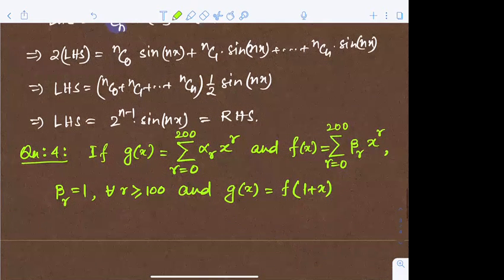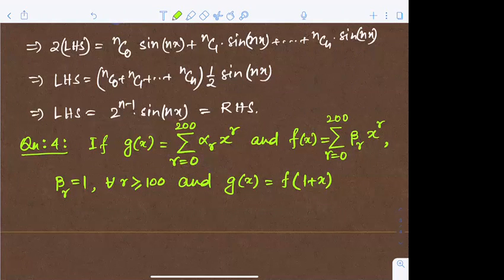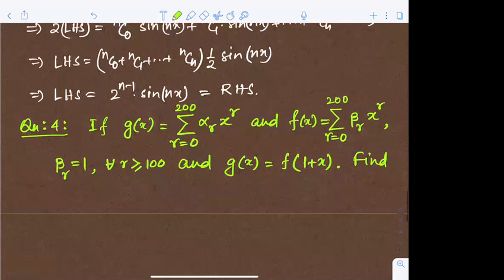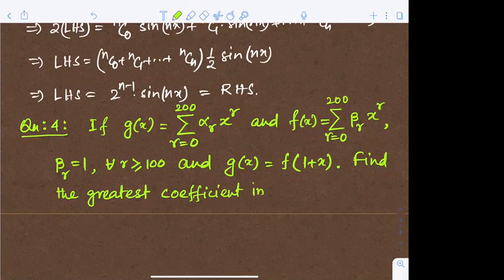Now what you have to find is the greatest coefficient in 1 plus x whole to the power 201.